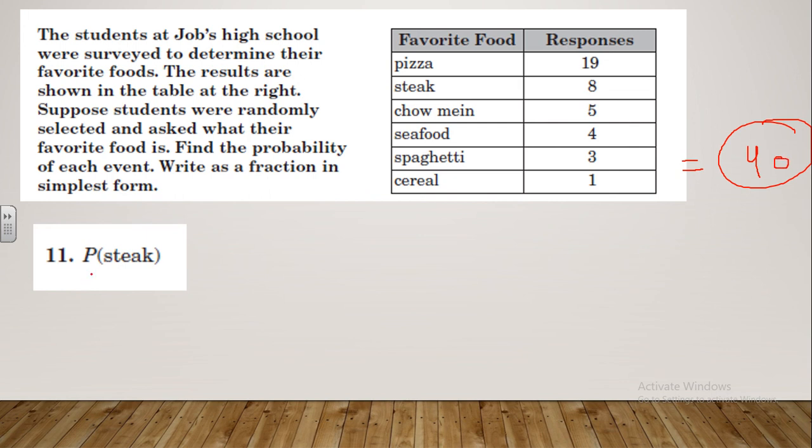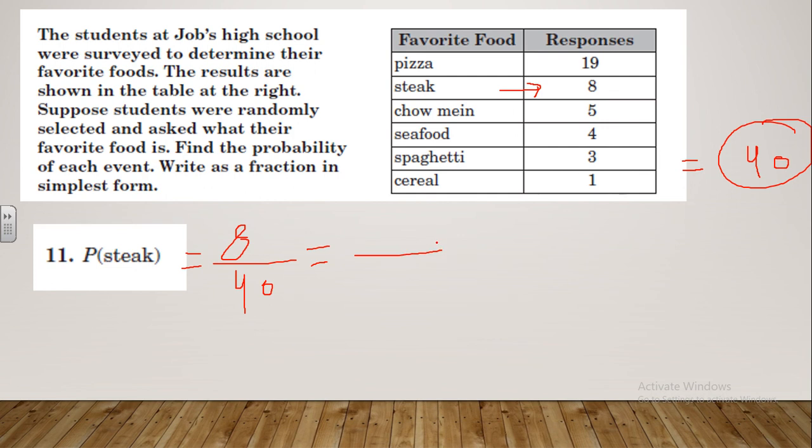So what's the probability of the stick? Okay, let's search for this word. What's the number of it? We have 8, so we will write 8 over the total. What's the total that we have? It's 40. Okay, can we make it more simple? Yeah, we can. Excellent.